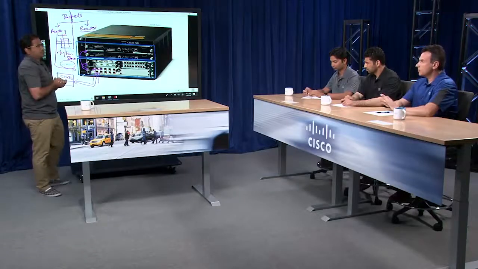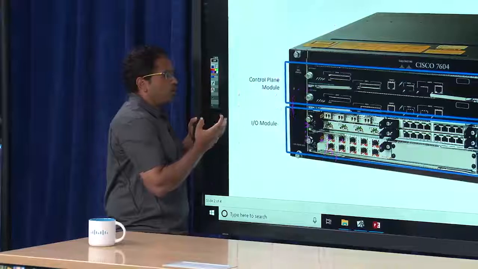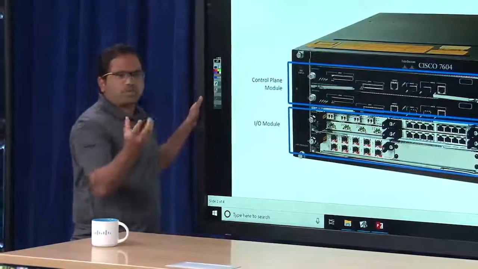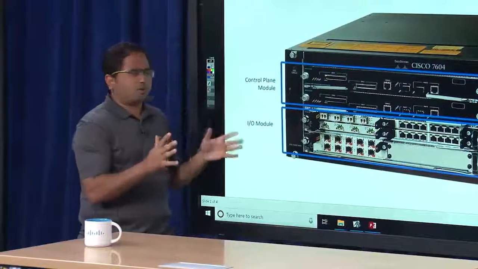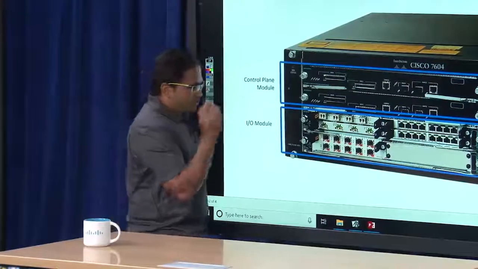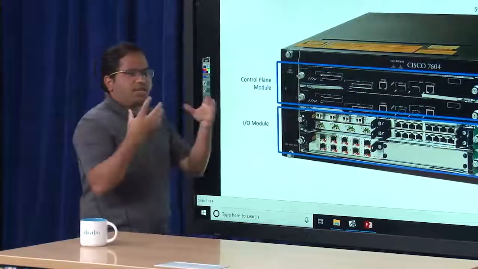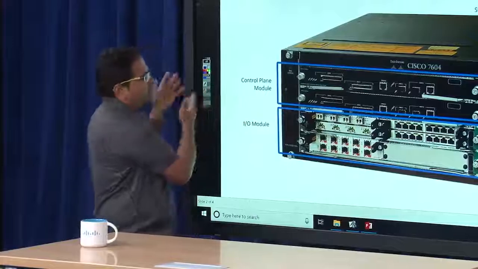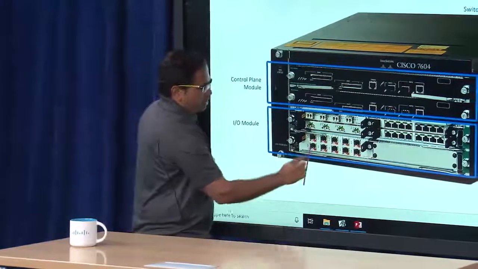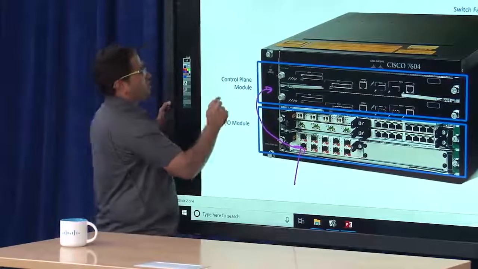Can you give us an example of what the routing packet is? Example of any routing packet could be any protocol like OSPF, BGP, anything that's helping you build your routing table across the network. So each of them would have some information about their neighbors and what the neighbors can bring for you. What kind of reachability does your neighbor have? So this packet basically carries information which is punted to the CPU.